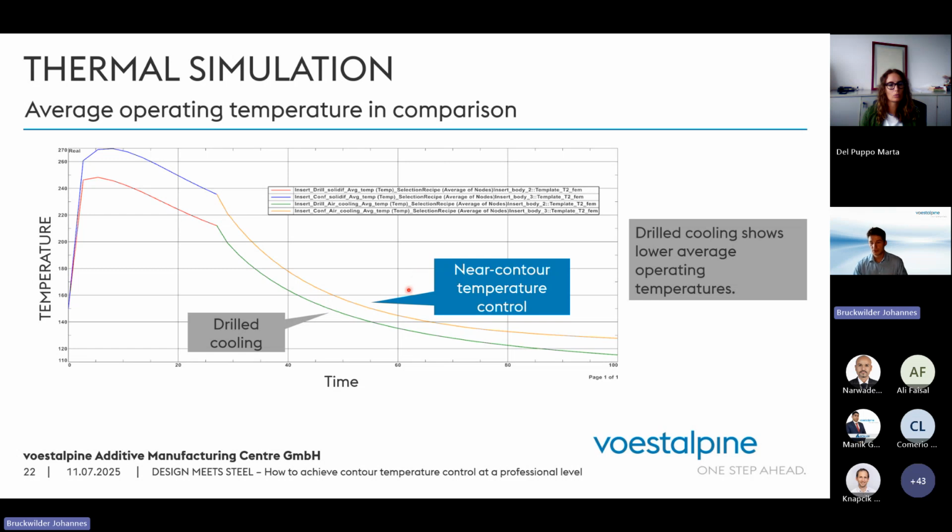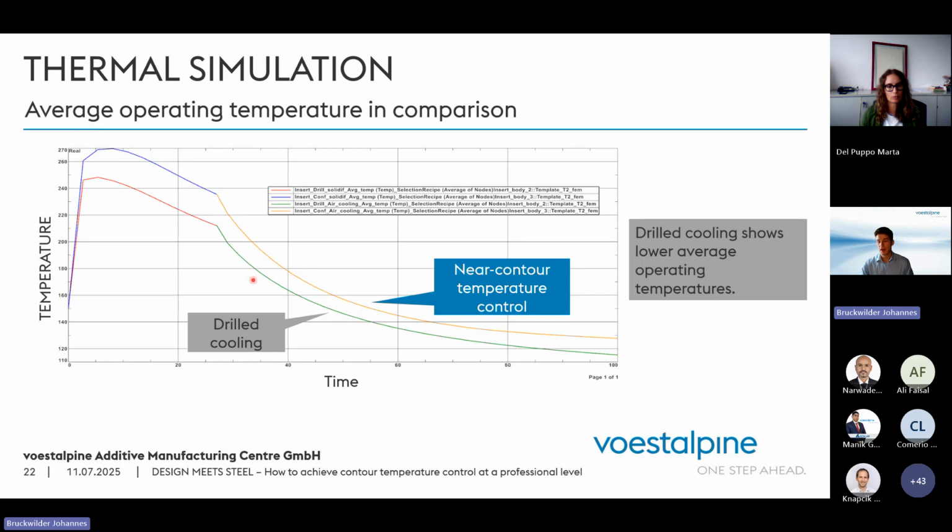Here is one interesting slide where you see the temperature and the time. This lower curve is for the drilled cooling channel, and the upper curve is for near contour channels. And you see that's important, the average temperature in this insert.